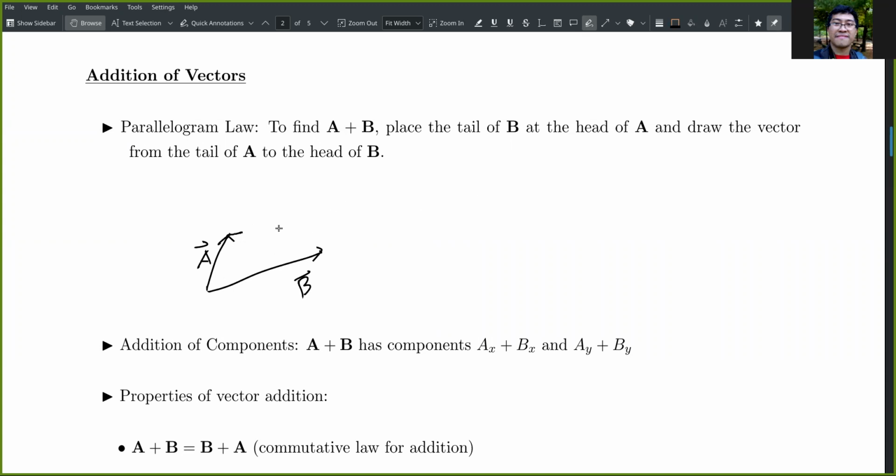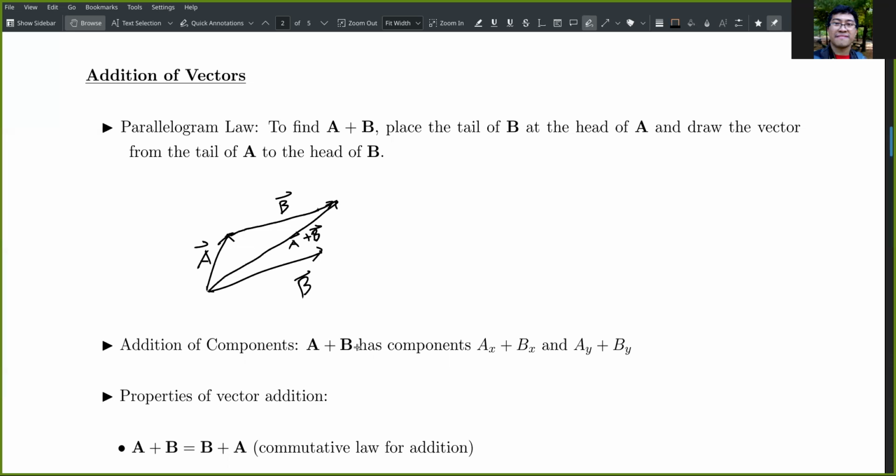Here it doesn't look quite the same, but approximately the same, like this. So that's our new b, the same as b but with tail placed on the head of a. So we draw a vector from the tail of a to the head of b, and this is now our a plus b.